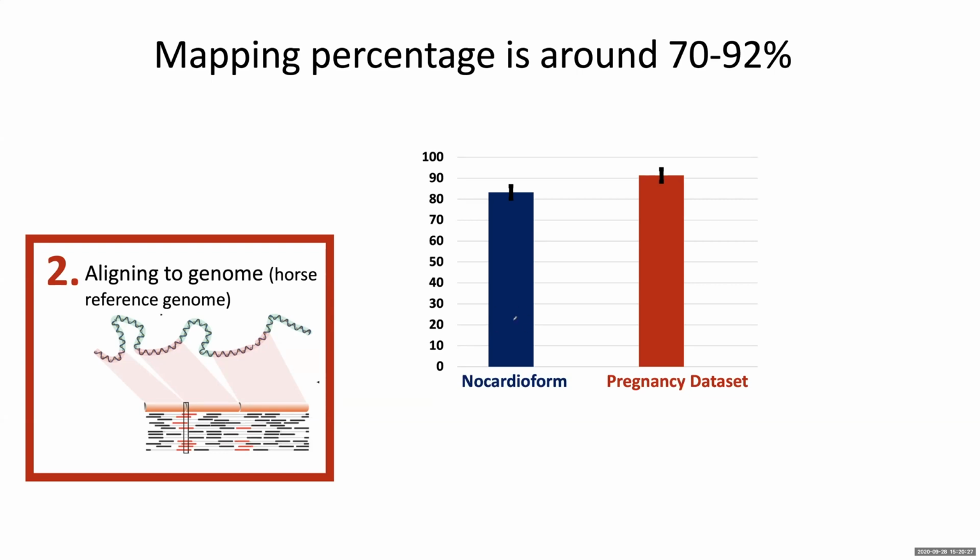For example, in the Nocardioform data set, around 80% of the reads that we received were mapped to the horse genome. And in another data set that we have, the pregnancy data set, around 90% of them mapped to the horse genome. So the question was, what is that left over? Are they junk? Are they just error, or can we use them?